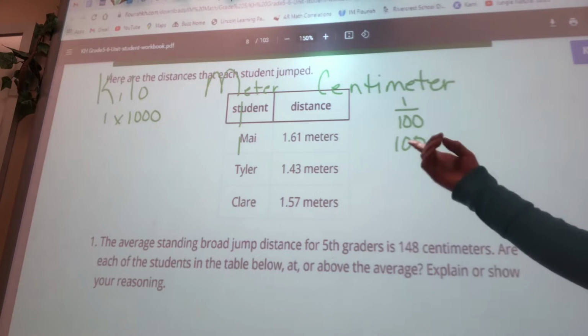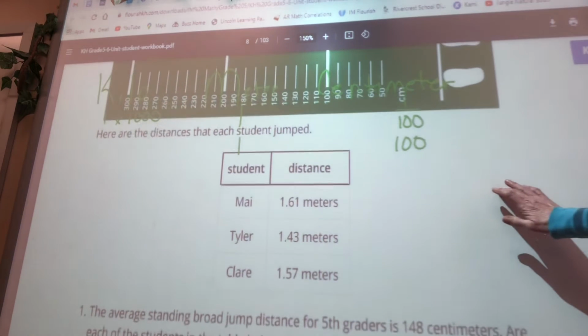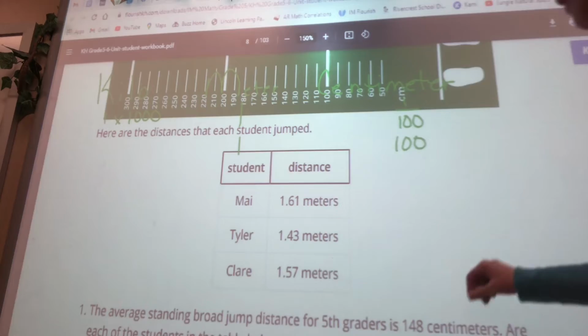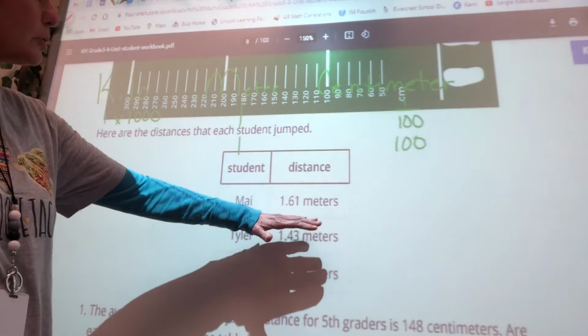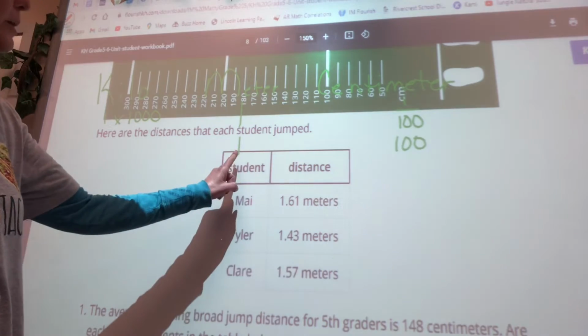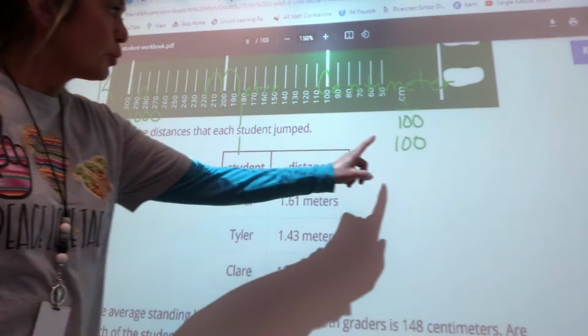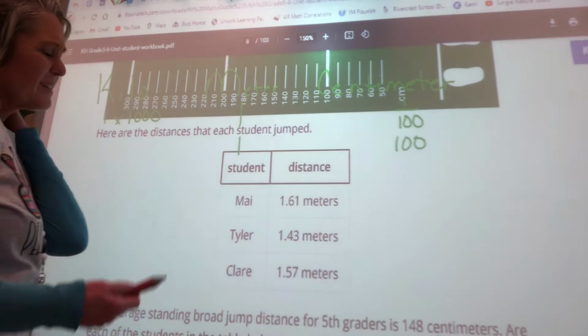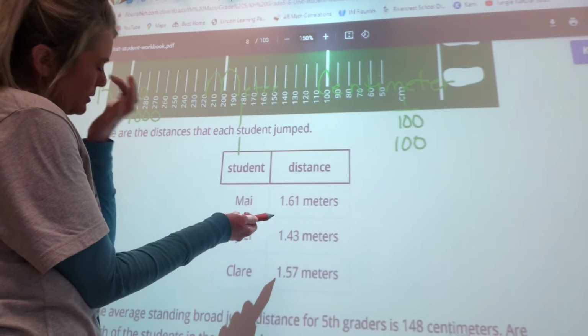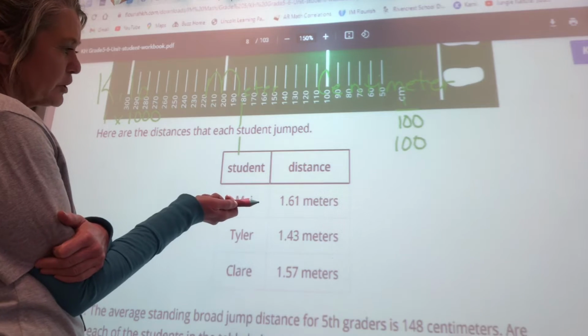Okay? If we look at Mai's jumps, and we think about the meters, we said that 1 meter is 100 centimeters. So 1 times 100, or 1 divided by 100.